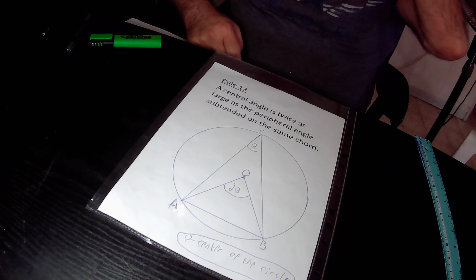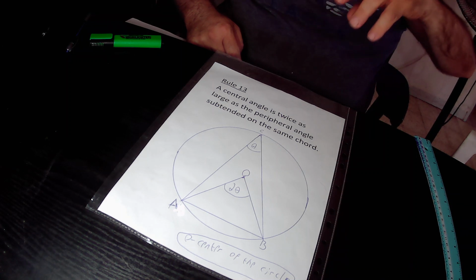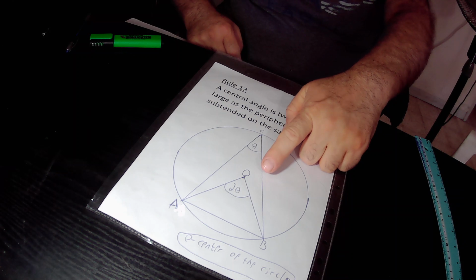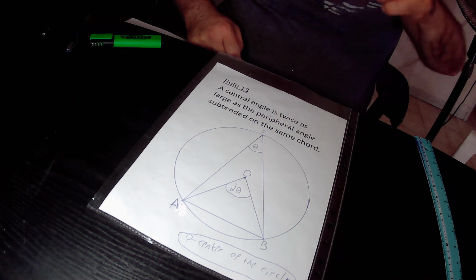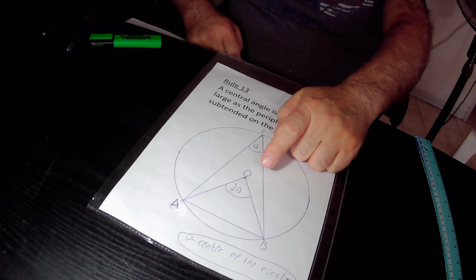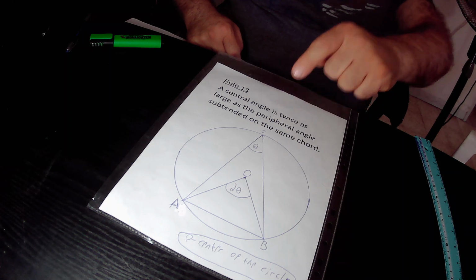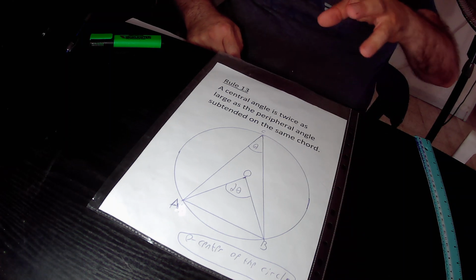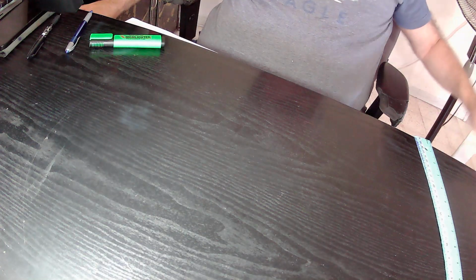Okay, so according to rule 13, the size of the central angle that is subtended on the same chord as a peripheral angle is twice as large as the size of the peripheral angle that is subtended on the same chord. So we can implement rule 13 in our drawing. Why?